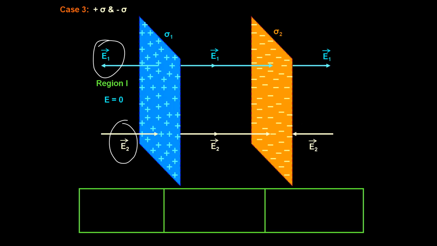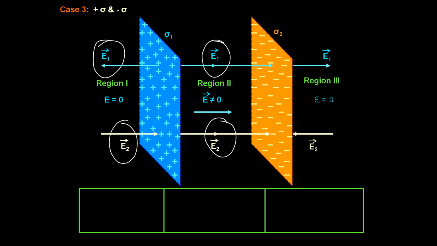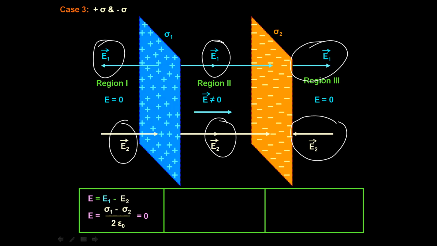So net electric field here is going to be 0. Whereas in region 2, we have a non-zero electric field because it is going to be E1 plus E2, which will be 2 sigma by 2 epsilon 0. In region 3, we will be having electric field as 0 because here also we have two equal and opposite electric fields.